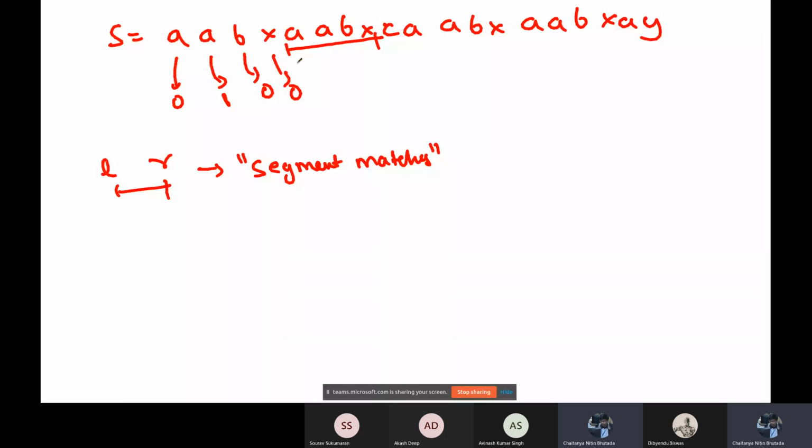So this is the LR segment match I'm talking about. In here we don't need to check all the rest again. Here the value will be 4. For the rest, the value will be directly the values from before, like 1, 0, and 0.